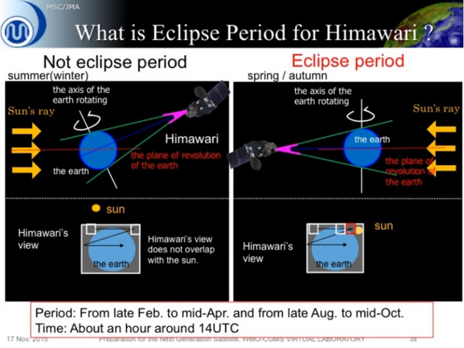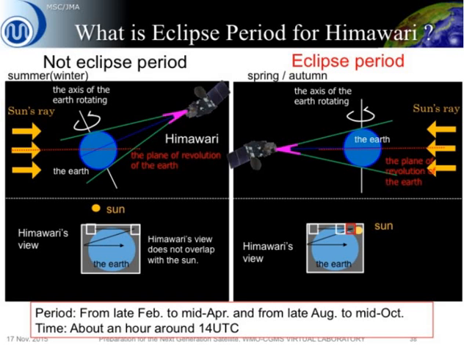Next, I'd like to talk about the effect of the eclipse on Himawari 8 operation. Here, the term eclipse means that Himawari 8 is in Earth's shadow. Please take a look at the left figures.